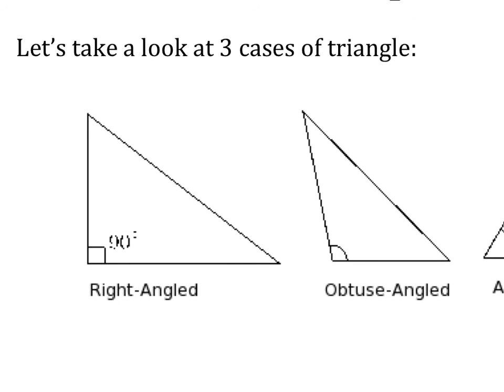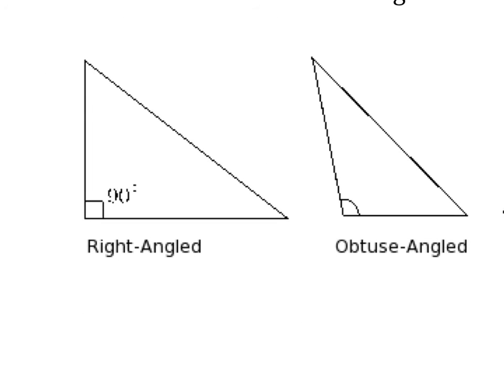So let's look at 3 cases. If you have a right triangle, then the area is automatically 1/2 base times height. Let's say this is B for base, and this is height. Height and base have to be 90 degrees. That's just how it works.